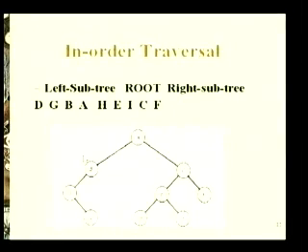The point you visited last will become the root, and then you go to the right and print the element until you can travel to the left from the node where you have gone by traveling to the right of your previous root. So just have a look at this particular figure. The in-order traversal result for this particular image is DGBA HEICF. Let me explain how you got that one.